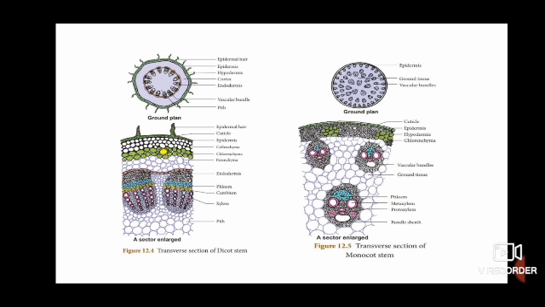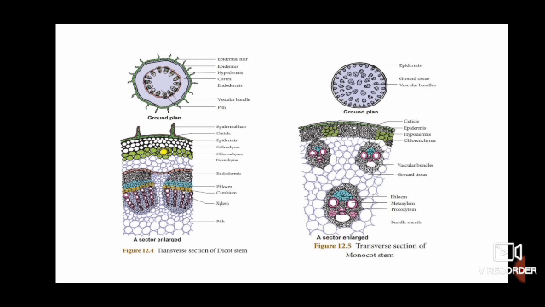The epidermis. It forms the outermost boundary and is composed of a single layer of compactly packed, narrow, rectangular or barrel-shaped cells without intercellular spaces. A few stomata may be present in young stems, but epidermal hairs or trichomes are completely absent.